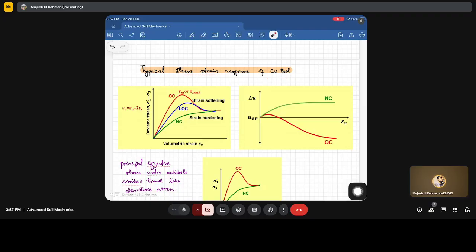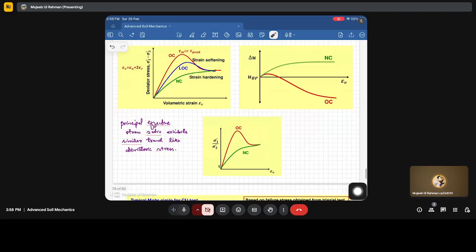Due to the restriction in volumetric change, there will be generation of pore water pressure. In terms of pore pressure, the NC will have positive pore water pressure, which means contraction, and the OC will have a dilative response. The variation of the principal effective stress ratio is similar to the variation of the stress-strain plots.